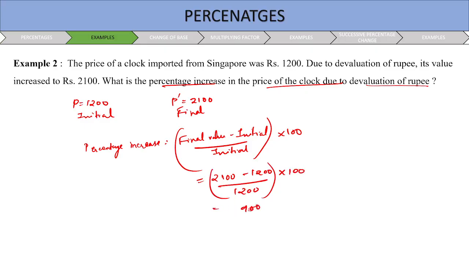So this will be 900 by 1200 into 100. Okay, so this will give you 3 by 4, which is 75 percentage.